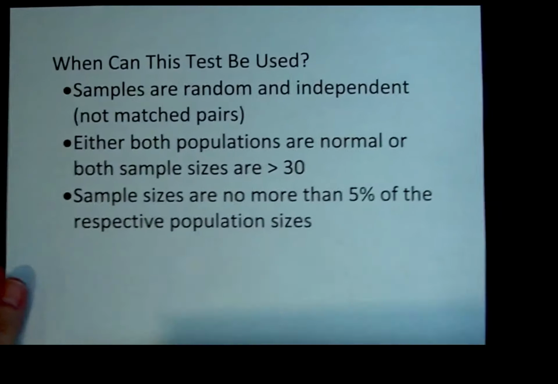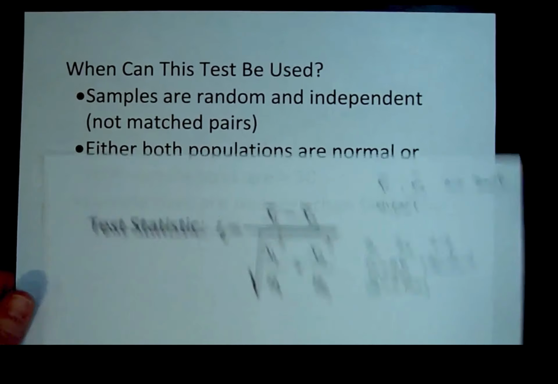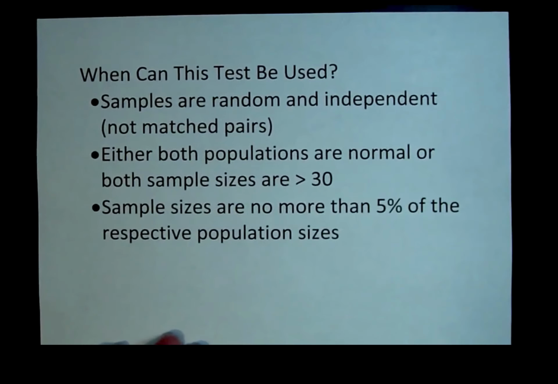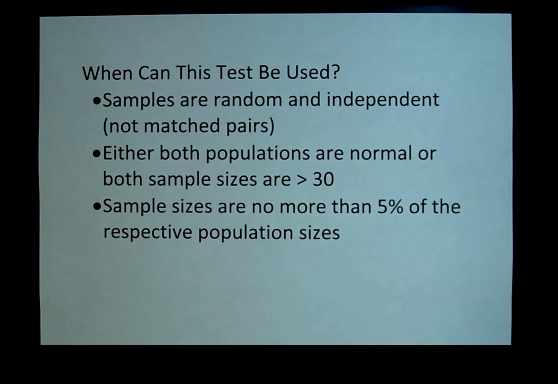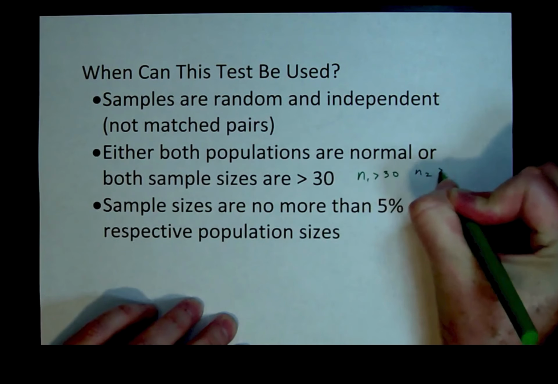When can this test be used? In other words, this method where we're using this formula? Well, the samples need to be random and independent, so not matched pairs. Either both populations have to be normal or the sample sizes have to be fairly big, so bigger than 30. In other words, n1 and n2 are both bigger than 30.